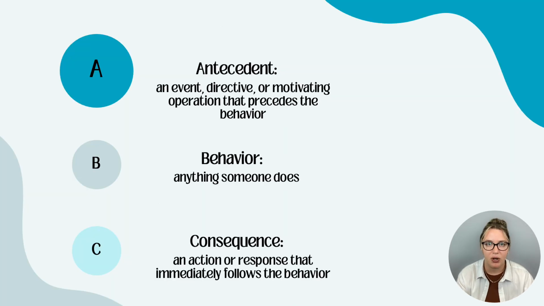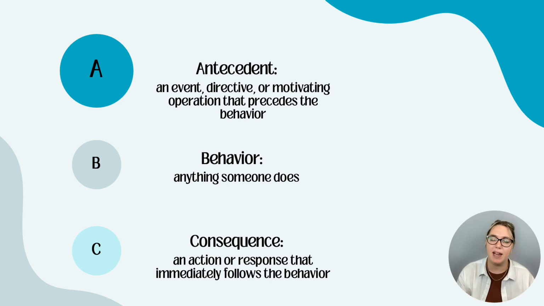If you're not familiar, there is a term called ABCs of behavior, and we will reference this later in Para 101, I think in session 3 where we discuss behavior and reinforcement. ABC data is a type of data collection method, so we'll also be talking about it in data collection. ABCs stand for antecedent, behavior, and consequence.